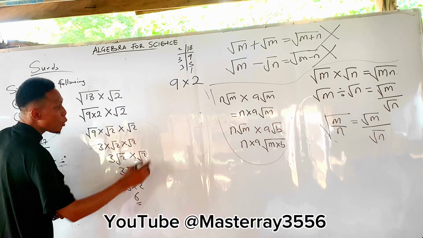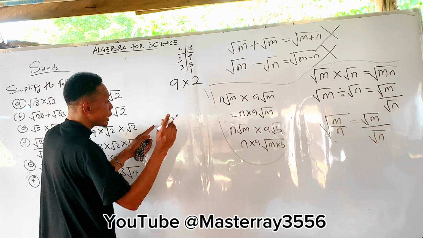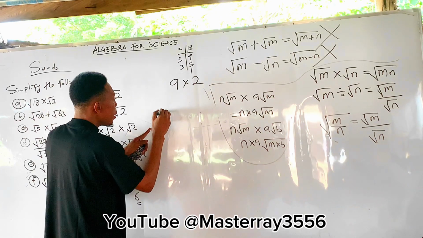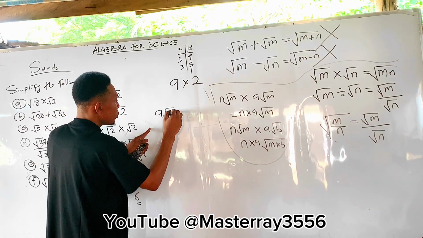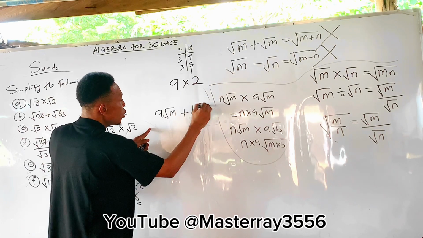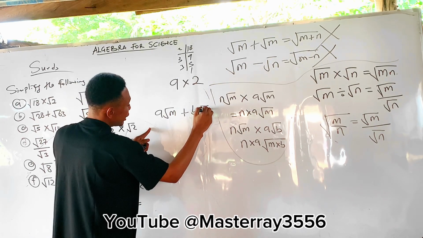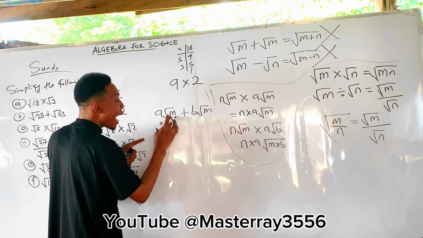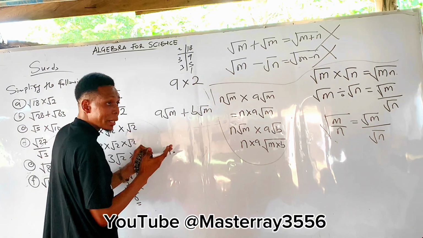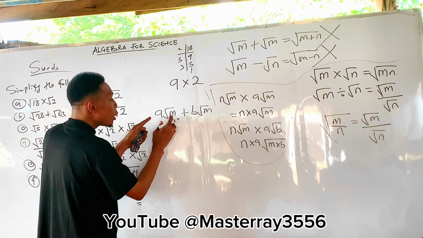Now, what I was trying to explain before, pay attention, is when you add something like this, maybe you have a root m, then plus b root m. If you observe, we add the same root. This one is addition, not multiplication. What do you do? You pick one.